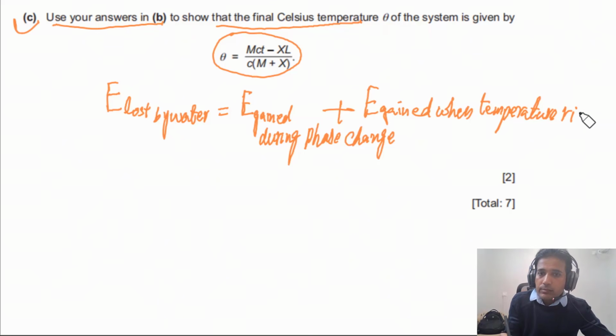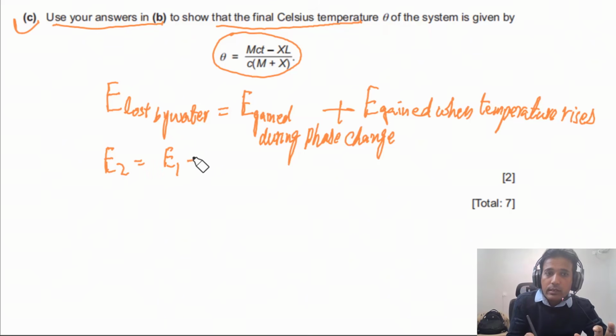So heat lost by water was E2. Heat gained when the phase was changing, that was E1. And when the temperature of the ice was rising, when it was in liquid form, that was E3. And E2 we have found, that is mc times T minus theta in the last part.